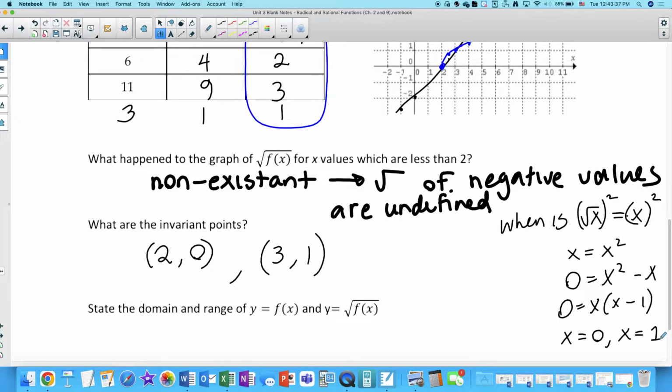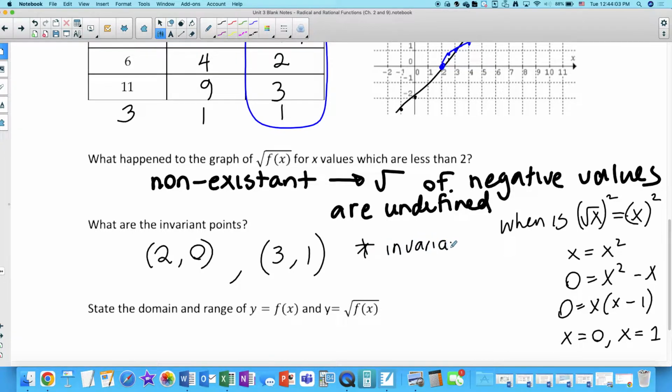Okay, so if I'm taking the square root of a function, the function will always be equal to the square root of itself when the function is either equal to 0 or when the function is equal to 1, because those are the two values where taking the square root doesn't change the value of that number. Okay, so you may want to put a point in here.